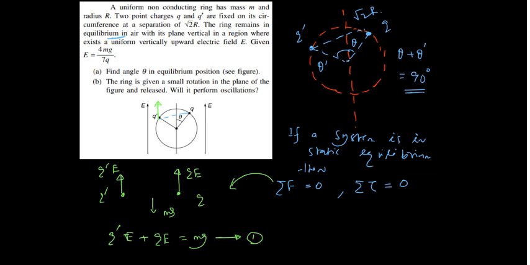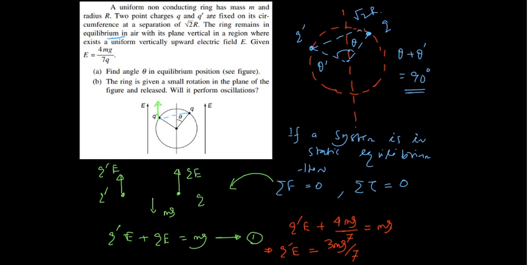If I substitute the value here, q prime into E plus q into E, meaning 4mg by 7, is equal to mg. So from here we'll get the value of q prime into E. 1 minus this is equal to 3mg by 7. So q prime into E is equal to 3mg by 7.